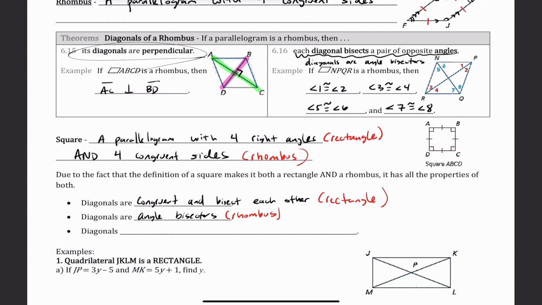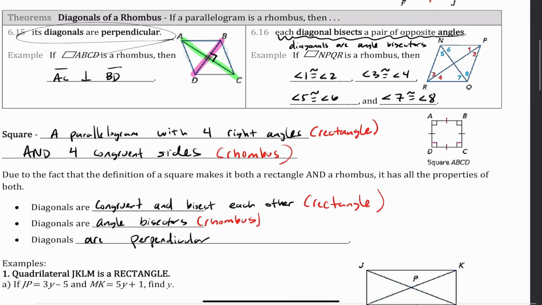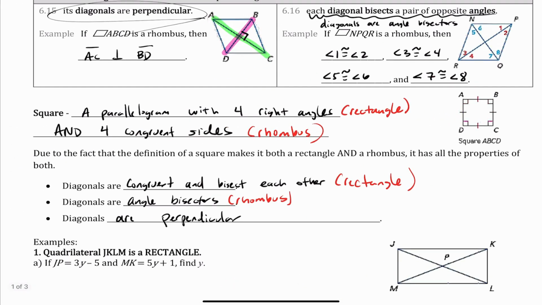And then we cannot forget this, the diagonals are perpendicular. So when you have the diagonals, they're going to intersect at a 90-degree angle, okay? So we need to put this here first. The diagonals are perpendicular. That's a property of a rhombus.